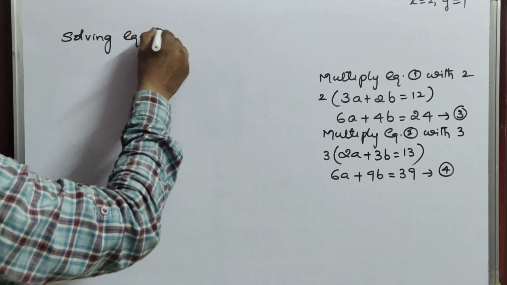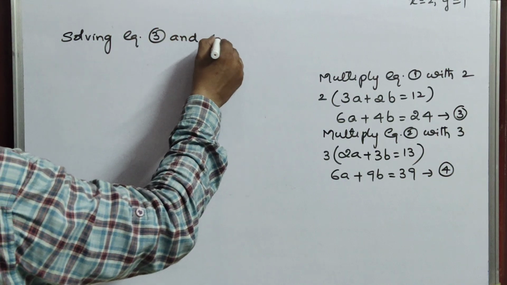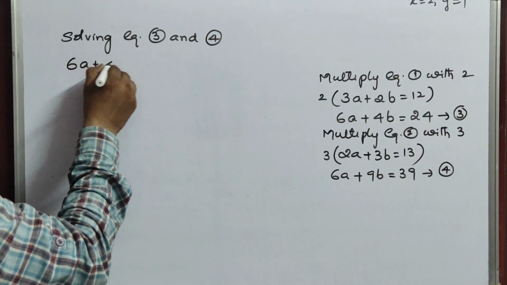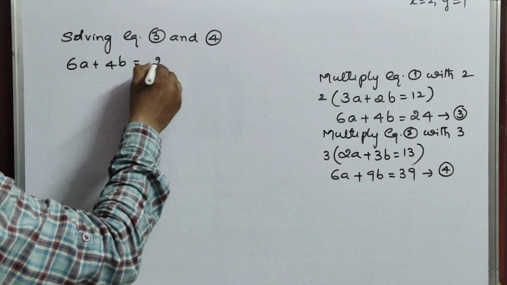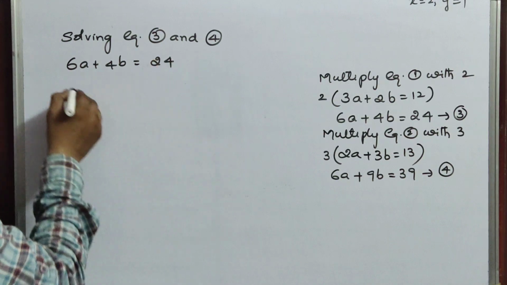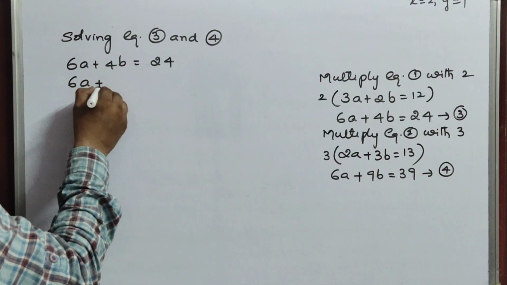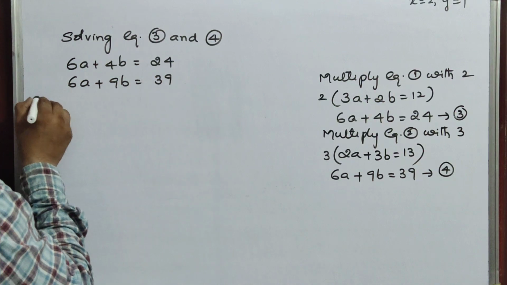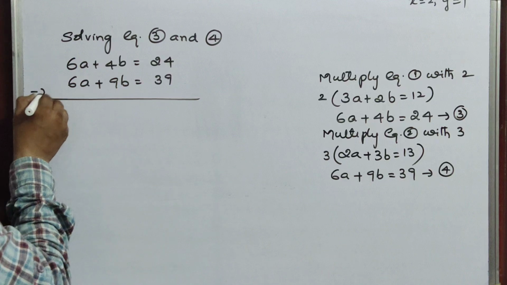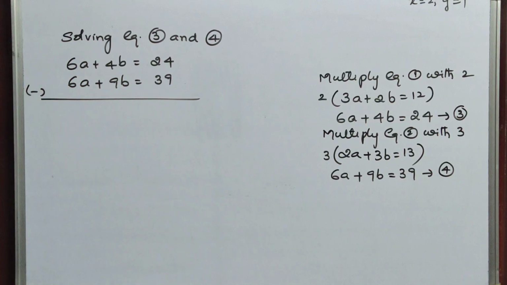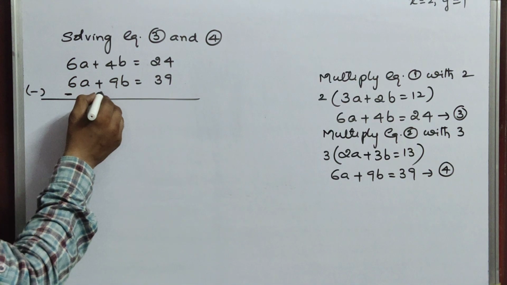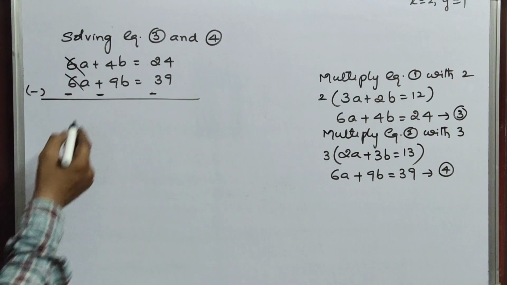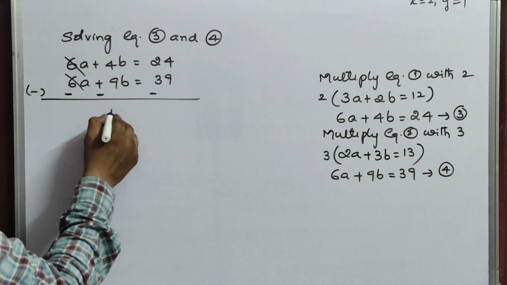That is 6a plus 4b equals 24, and 6a plus 9b equals 39. Now minus. So this will be minus, this will be minus, this will be minus. 6a gets cancelled. So 9 minus 4 is 5b.